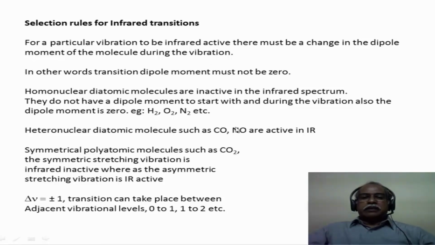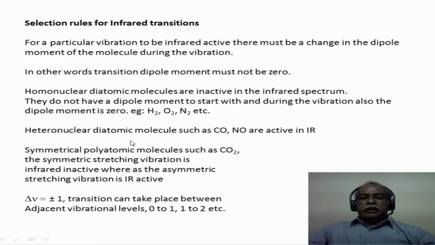That is why I said homonuclear diatomic molecules are inactive in the infrared spectrum, because they do not have a dipole moment to start with, and during the course of the vibration also there will not be any dipole moment, or the change of dipole moment will be zero. So H2, O2, nitrogen and so on, these kinds of homonuclear diatomic molecules are inactive as far as infrared spectroscopy is concerned.